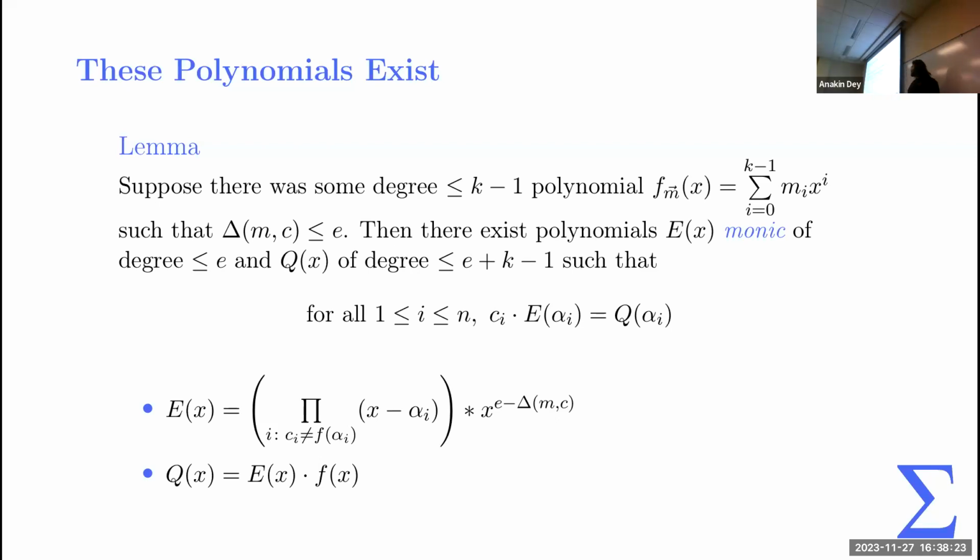And since I've written it down, the polynomials exist. So it's not a complicated proof, but does that make sense? The polynomials exist because I've written them down explicitly. We know all these properties hold by what we saw in the previous slide.